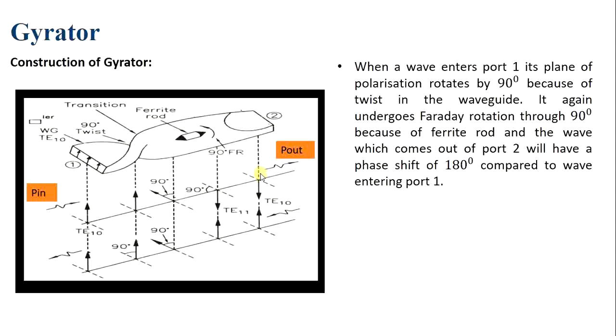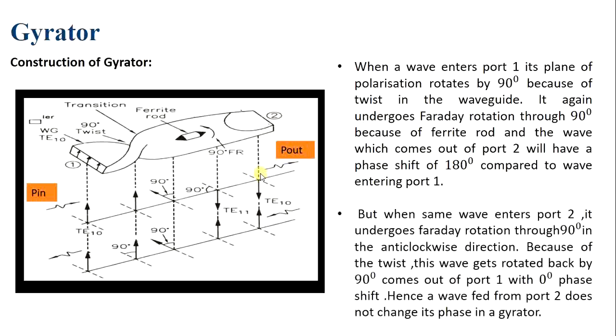Now for the second condition, when input is provided at port 2, there is 0 degree phase shift when output is taken at port 1. For that, consider a TE10 mode excited at port 2. The electric field vector is vertical.